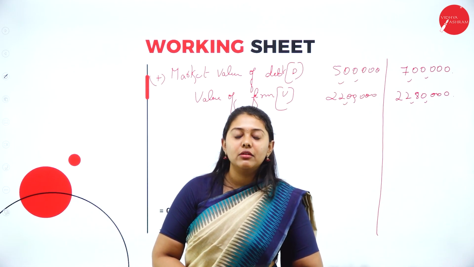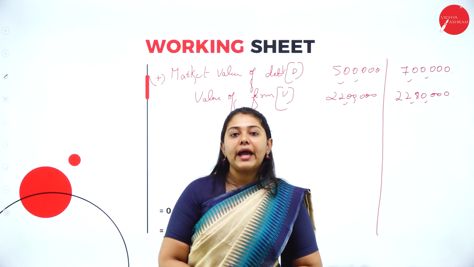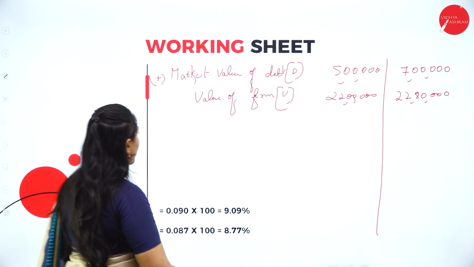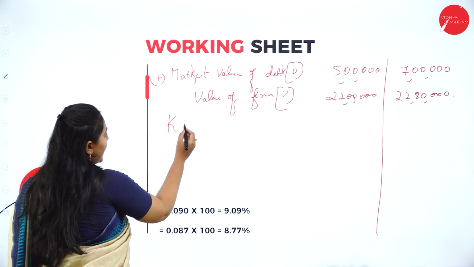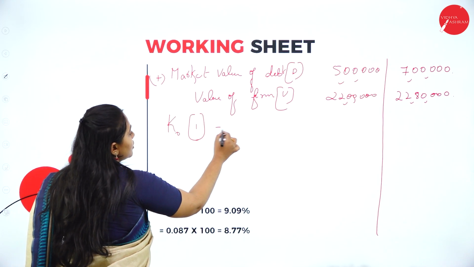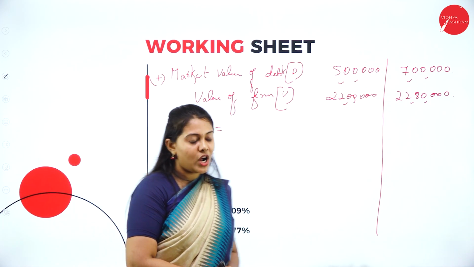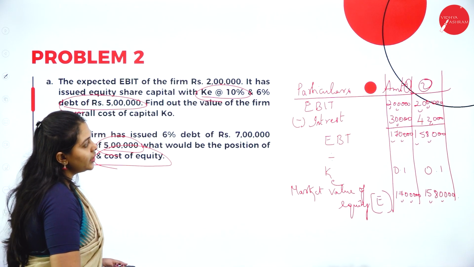Now what we have to calculate, my dear students? We have to calculate the overall capitalization rate. So overall capitalization rate for case 1. What is the formula? EBIT divided by value of the firm into 100. EBIT is 2 lakh.